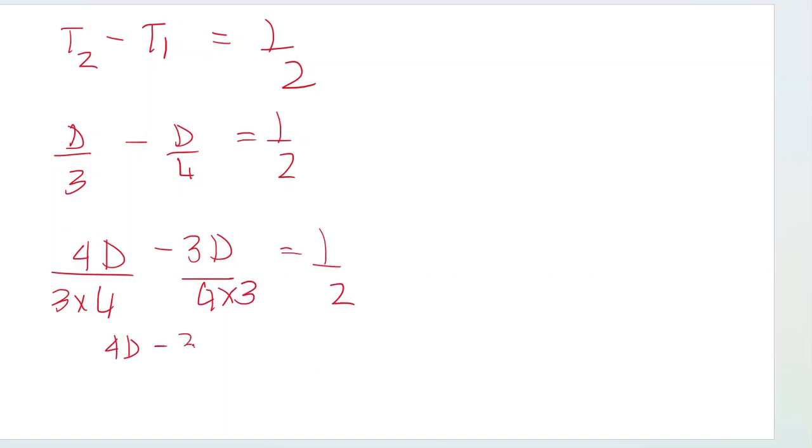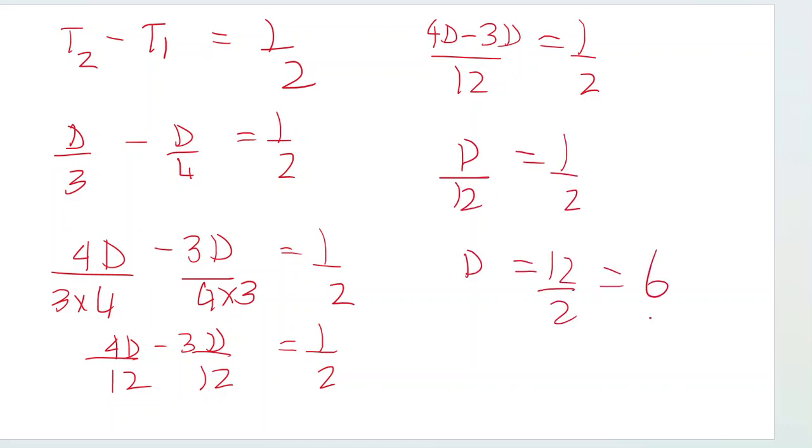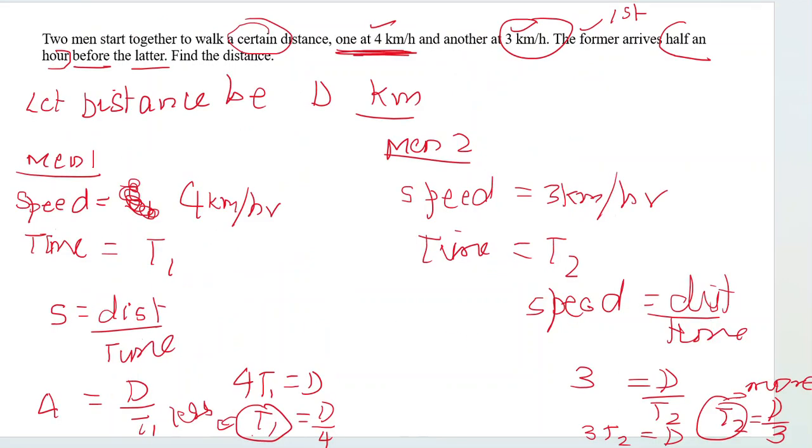Down there is 12, since 4 threes are 12. So 4d minus 3d upon 12 is equal to half. So d upon 12 is equal to half. So d is equal to 12 into 1 by 2, which is 6. Therefore, the distance which we wanted to find is 6 kilometers.